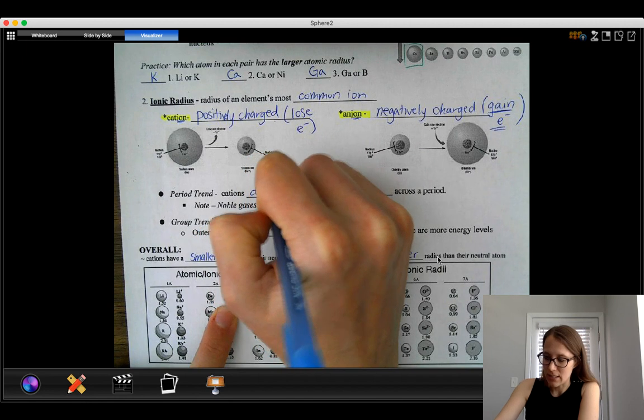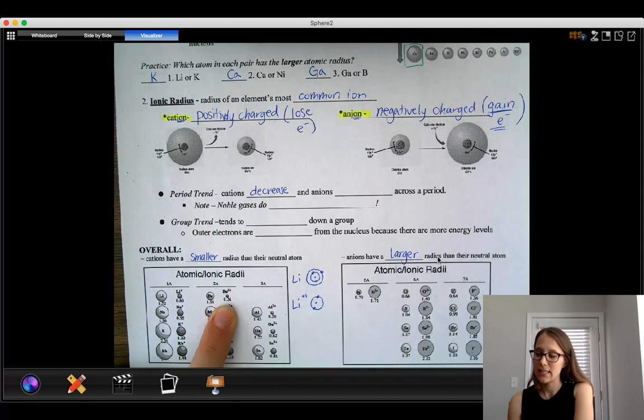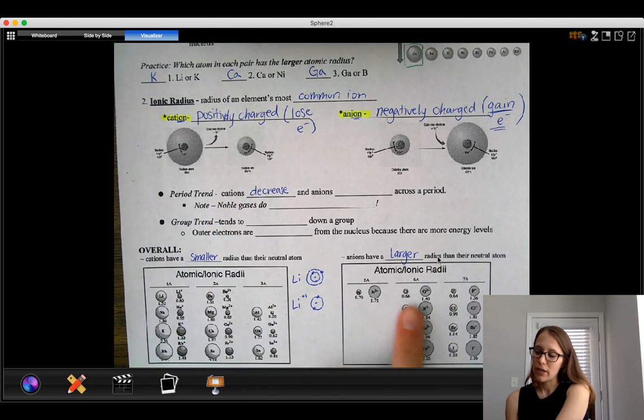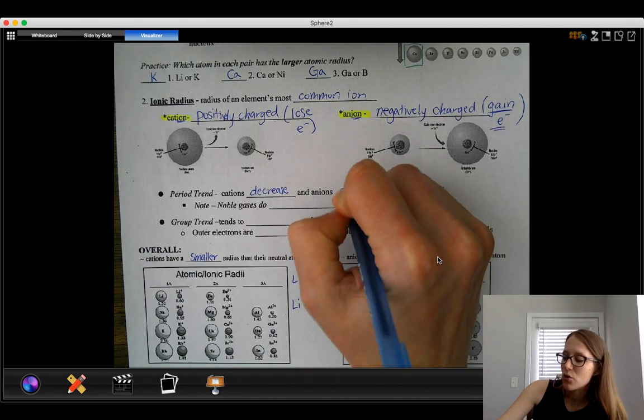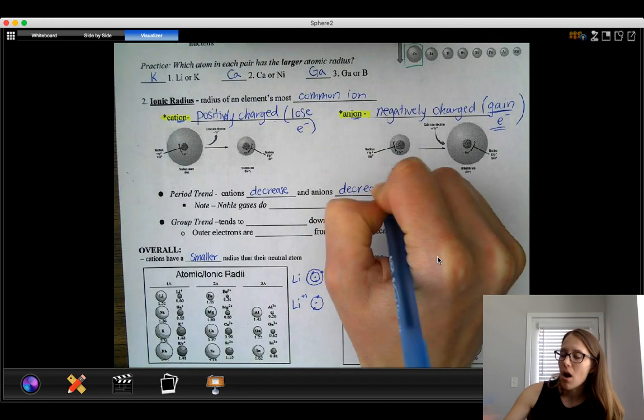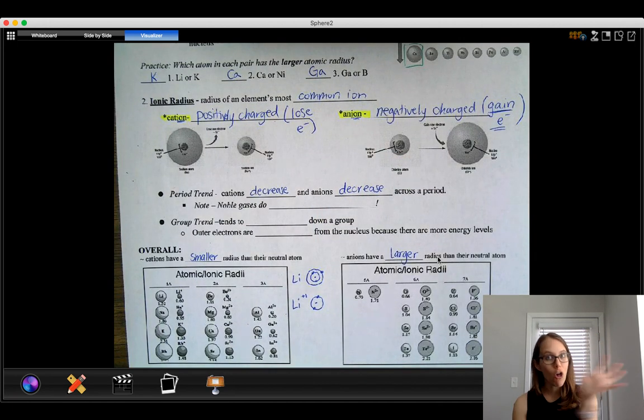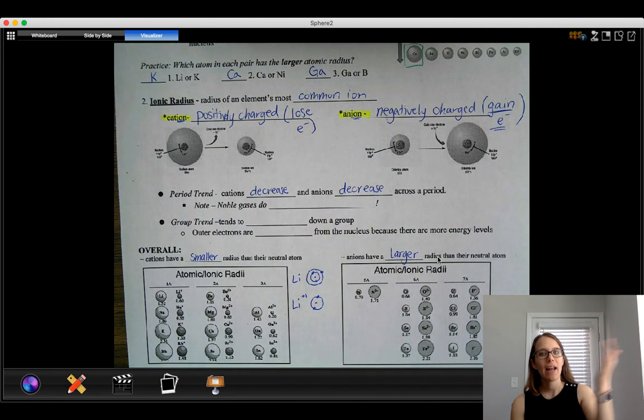Cations decrease in size. If we look over here at what happens to our anions in the same row, we see that we have something that's 1.7, goes to 1.4, goes to 1.3. So we see the same trend moving across. If we're looking at all ions in a row, we see the cations decrease, we see the anions decrease across a period.